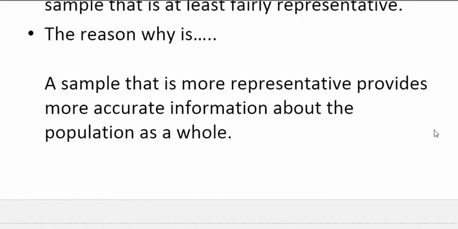And I said that I would try to provide at least one more realistic example. So let's imagine that a researcher was interested in the mean hours spent on social media per day of college students. The researcher was interested in what's the mean or average number of hours that a college student spends on social media per day.